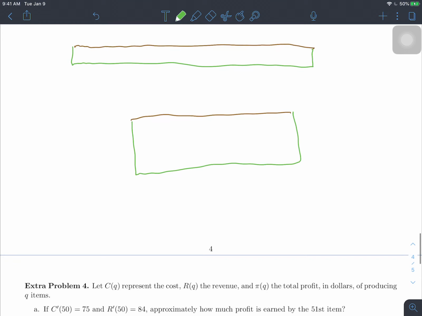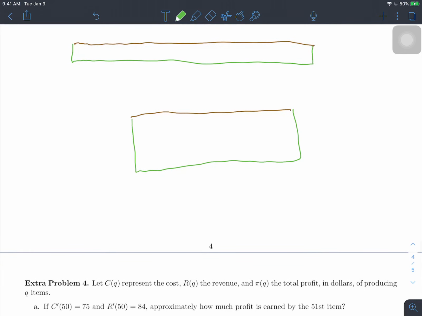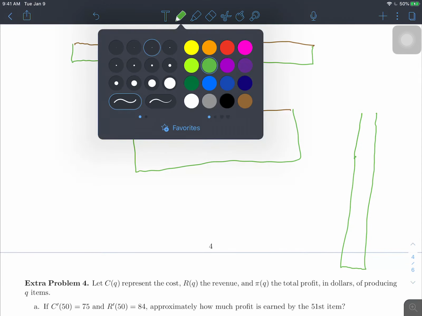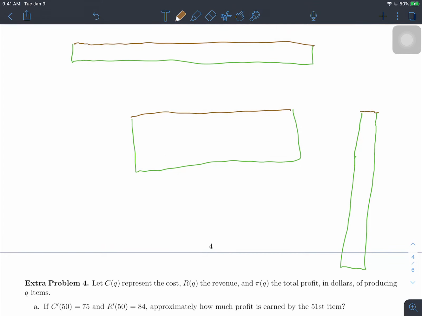Or maybe we have very little fencing and a lot of shrubbery, like this. Maybe it looks like that. Okay. And my goal is to consider the cost of these setups.